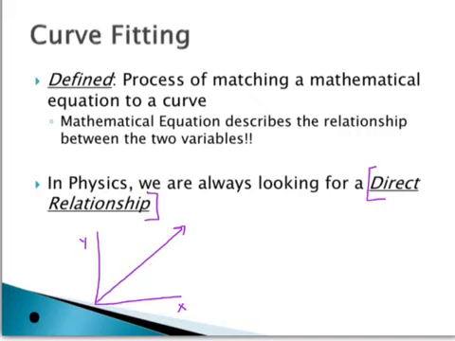And this linear relationship or direct relationship is the one that we are always going to try and achieve, because when we get this relationship, we can express it mathematically by following the equation y equals mx plus b. And this is the simplest equation that we can formulate in physics, in any graph, that will allow us to express that relationship.